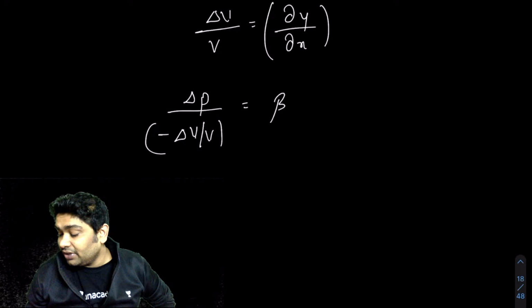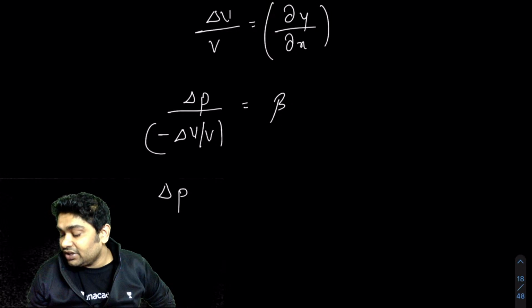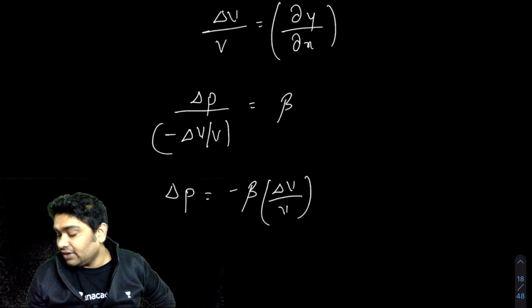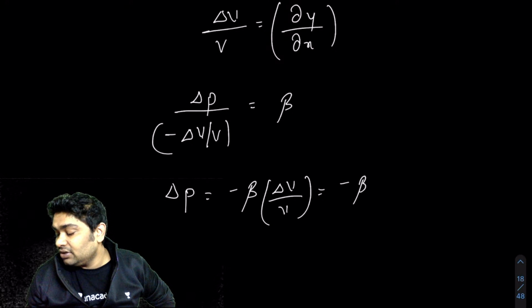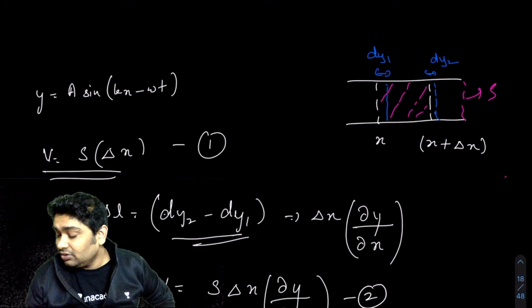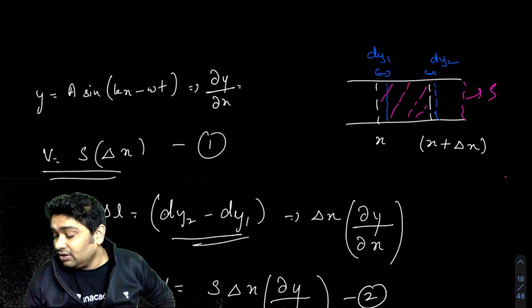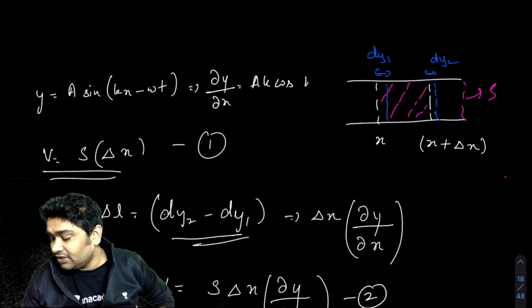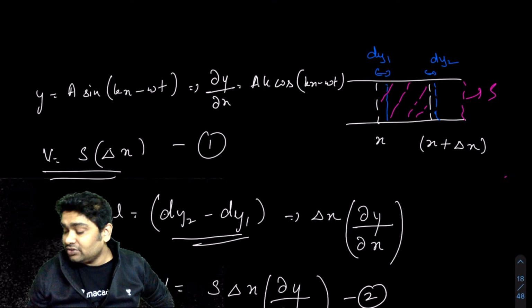So from here, delta P, which is the change in pressure, is minus beta times delta V by V. So I can rewrite this as minus beta times del y over del x. Now, if you differentiate this equation with respect to x, you realize del y over del x is nothing but a k cos of kx minus omega t. Substitute that here.